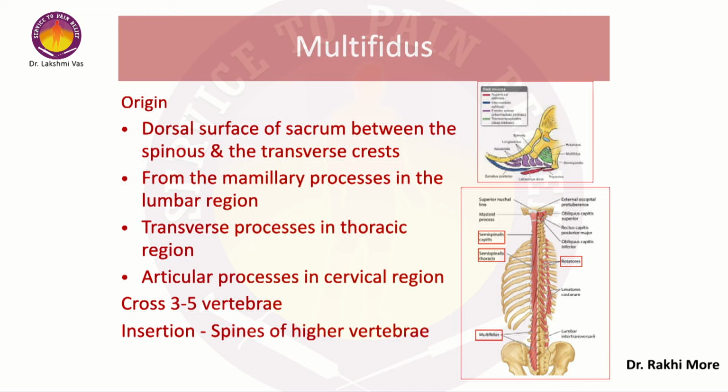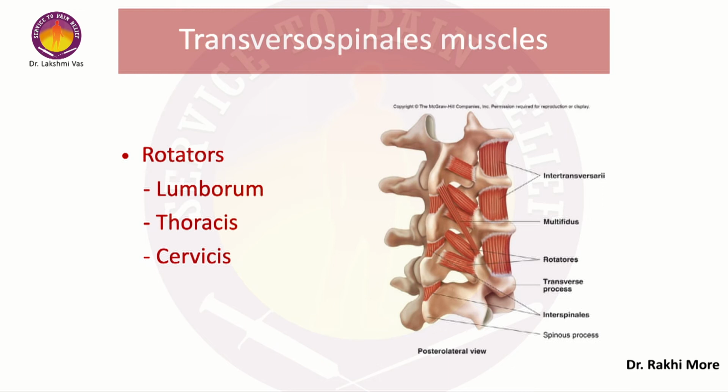Deeper to that will be the semispinalis, deeper to that will be the multifidus, and the deepest will be the rotators. So between the spine and the transverse process, you can see the three layers in green. These are the semispinalis, multifidus, and the rotators.